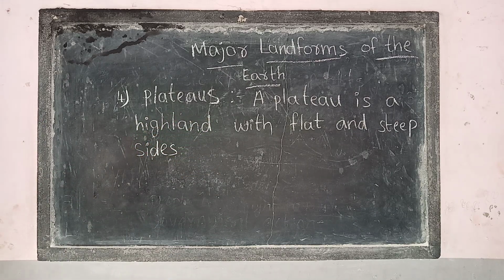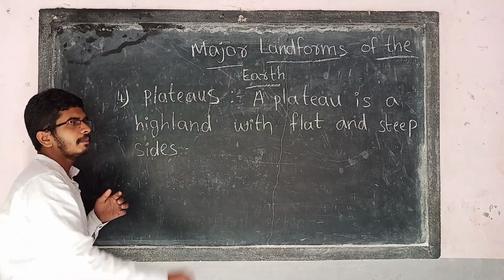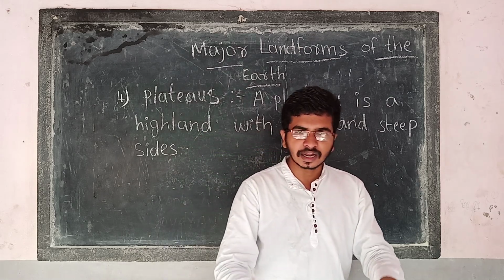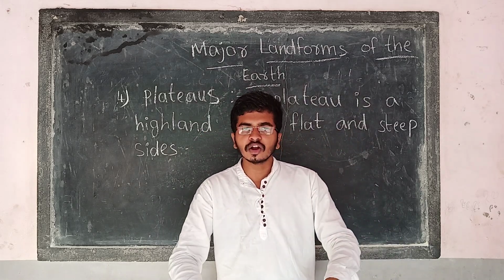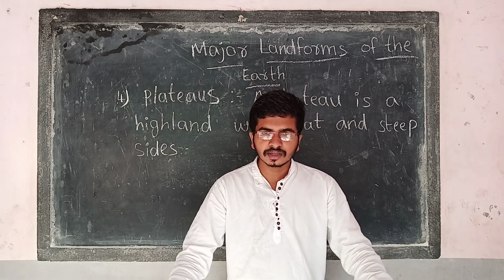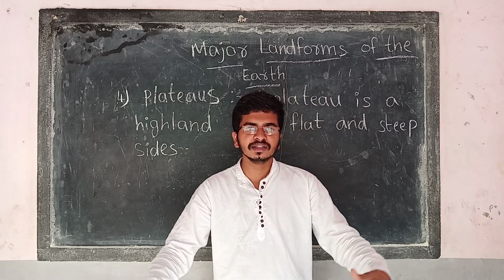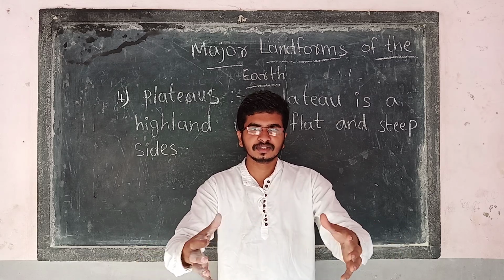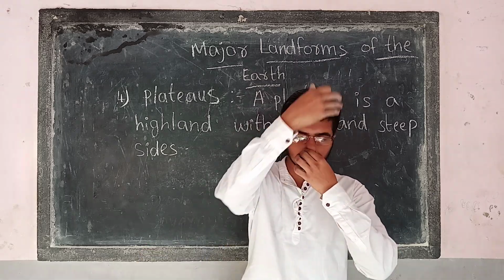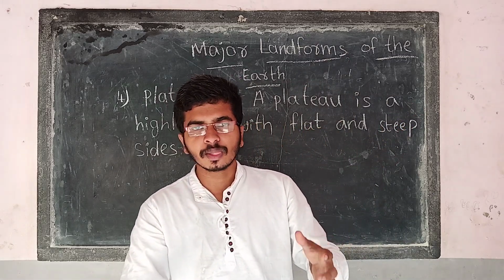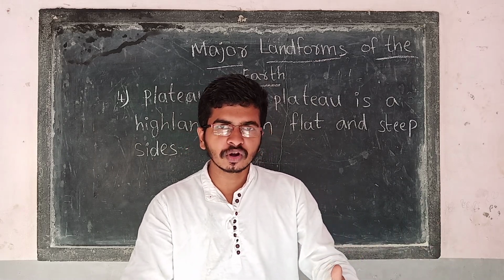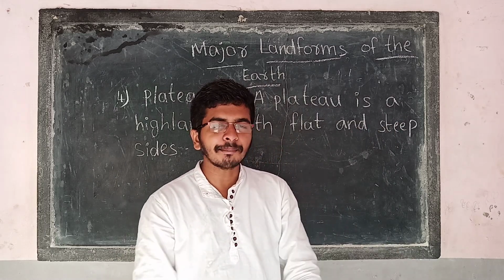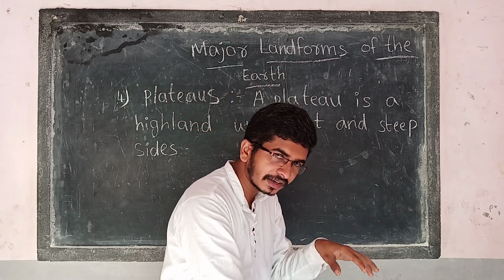So how will this plateau form? See, under the earth, there is a lot of disturbance. That means the rocks and materials will move and touch each other. That is called plate tectonics. That will be in your future classes. When the lava from the volcanoes comes, in the same way the magma will come upside from under the earth.